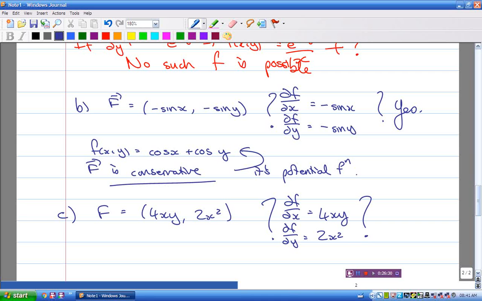I would have had to have 2x squared y. 2x squared y would differentiate with respect to x to give me 4xy. Okay, but what does 2x squared y differentiate to? There's a y in there. So it's clearly going to contribute to the y derivative. In fact, it's going to contribute 2x squared to the y derivative. Hey, I've got what I want.